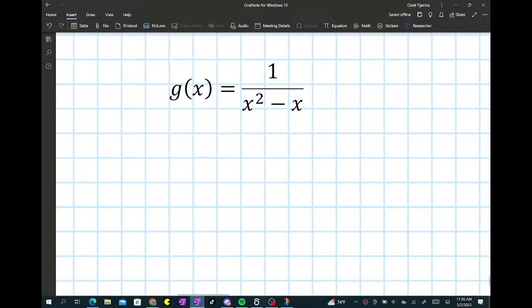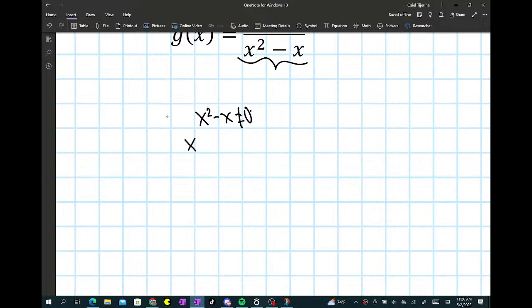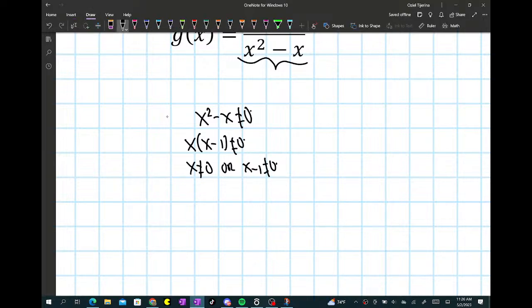Let me explain. We're going to make this not equal to 0. So we have x squared minus x is not equal to 0, and we factor this out. x times x minus 1 is not equal to 0. We use the zero product property: x is not equal to 0, or, I'm sorry, x minus 1 is not equal to 0. Then we add 1 to both sides, and we say x is not equal to 1.